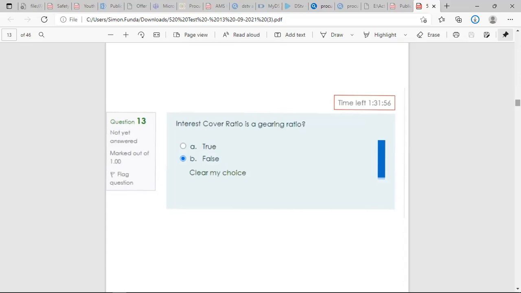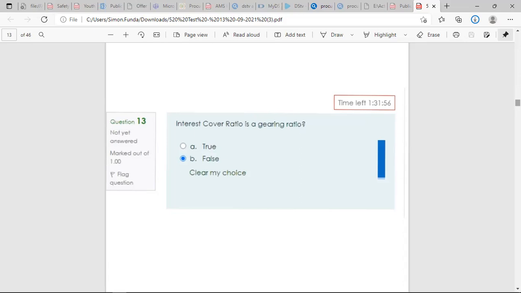The interest cover ratio is where we want to know how capable we are as a company of paying the interest when it falls due in a particular year. Are we able to pay? How many times? This one is also measured in times. You divide the interest into the profit for the year.